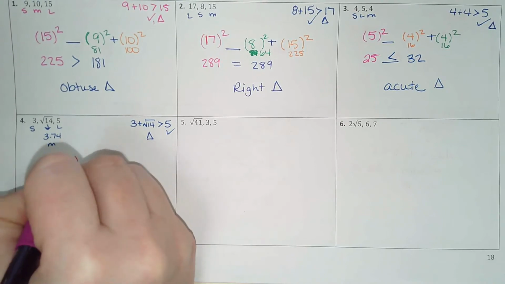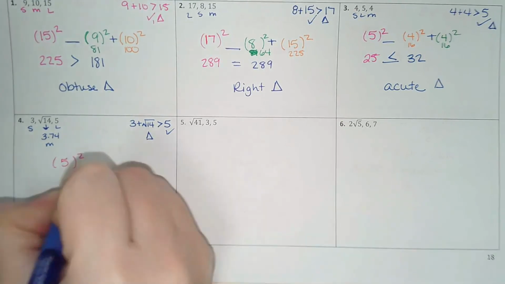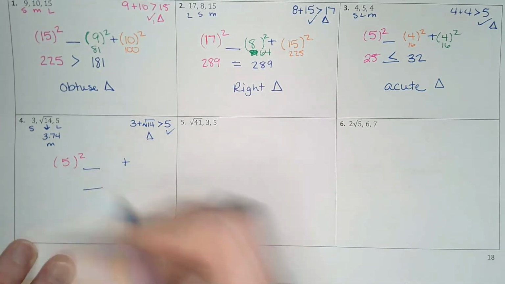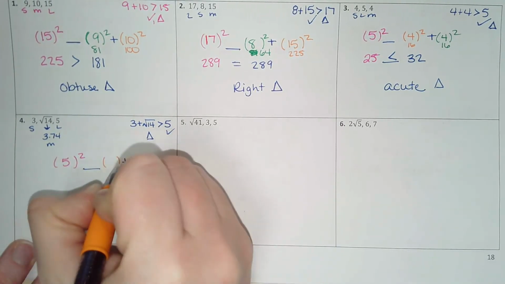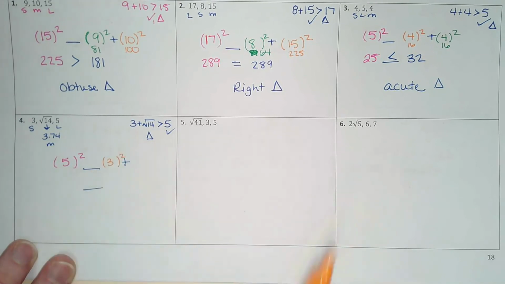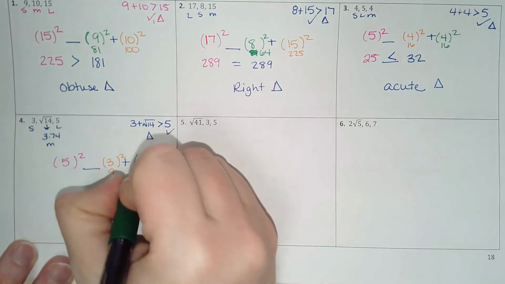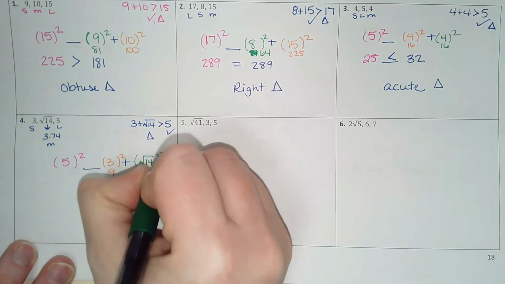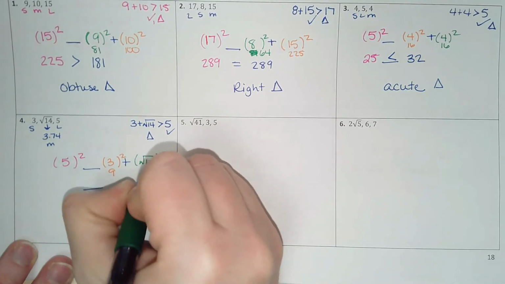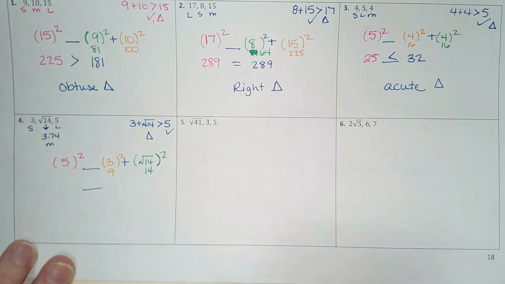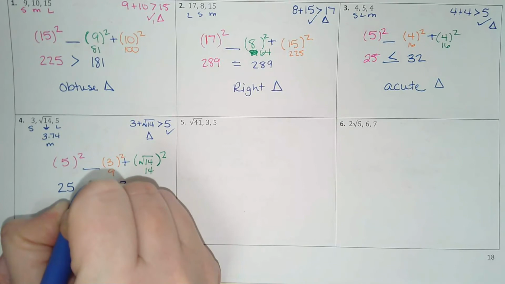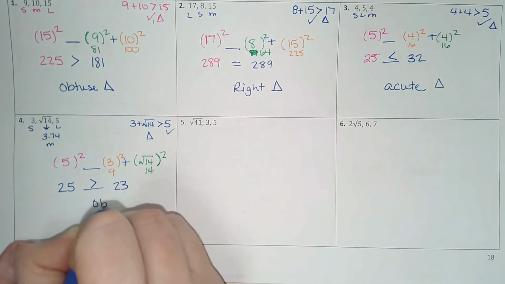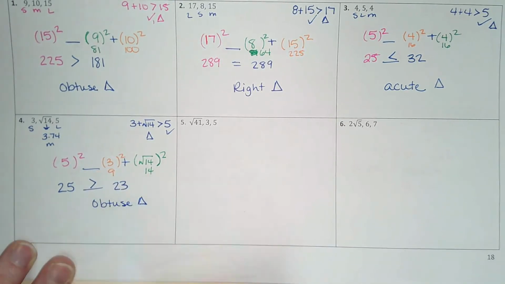So 5 quantity squared. What does that compare to the other two? So 3 squared, which is 9. And then square root of 14 quantity squared, which gives you 14. Add those together and you get 23 compared to 25. 25 is bigger, so this is an obtuse triangle.